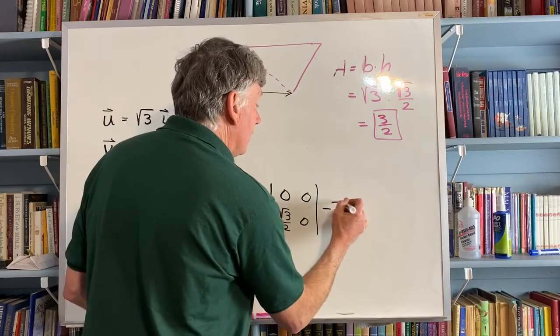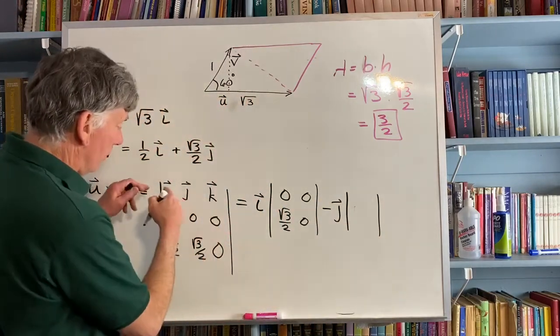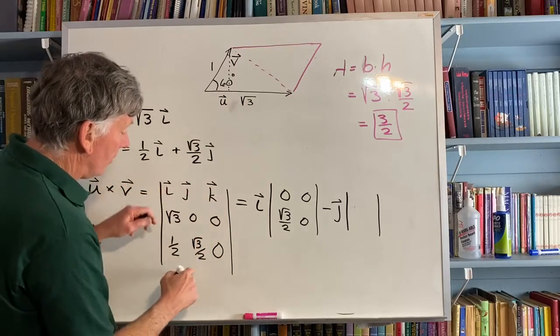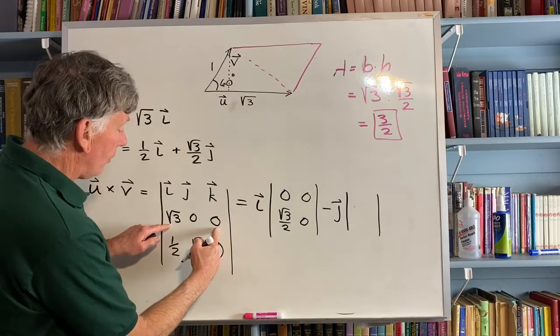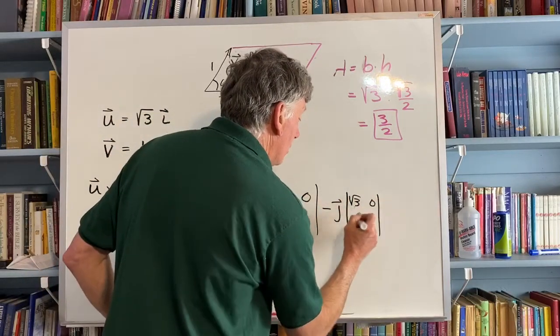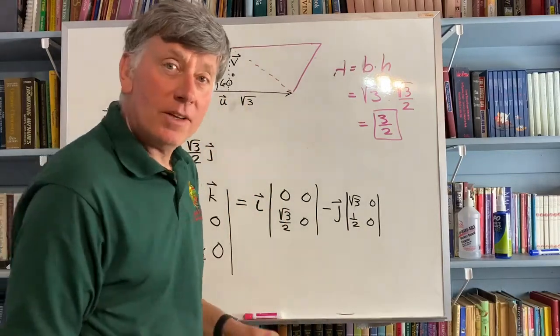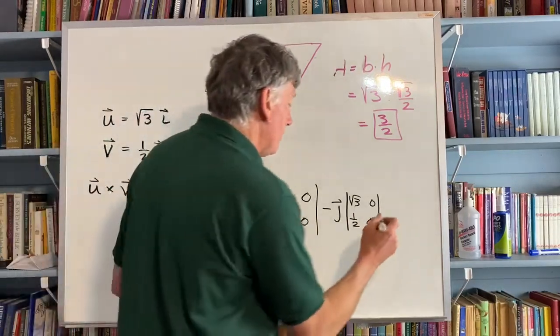Minus j times, block off this row and this column, I get square root 3, 0, 1/2, 0. And again, it's pretty obvious that determinant is going to be 0.